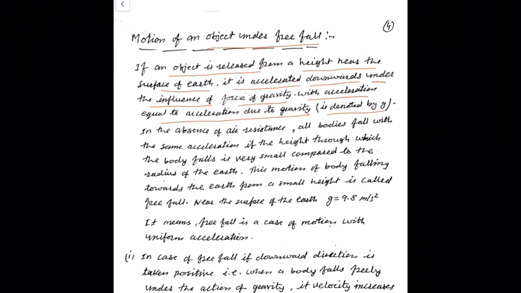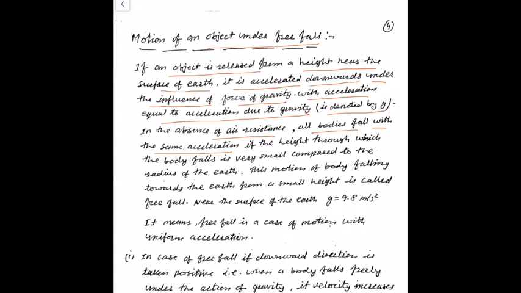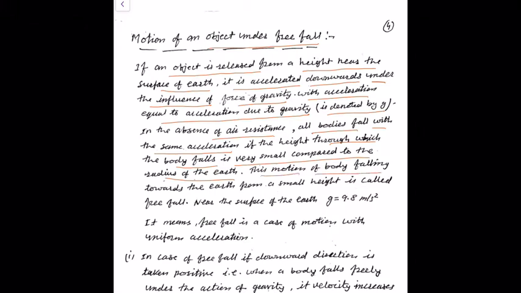In the absence of air resistance, all bodies fall with the same acceleration, meaning constant, if the height through which the body falls is very small compared to the radius of the earth. This motion of the body falling towards the earth from a small height is called free fall.